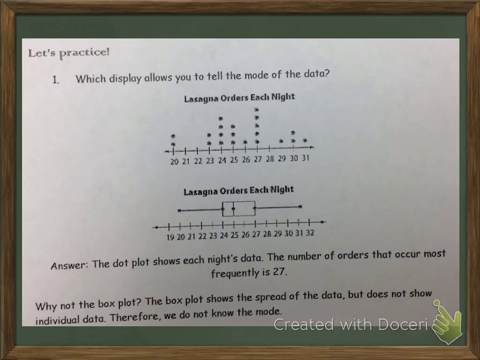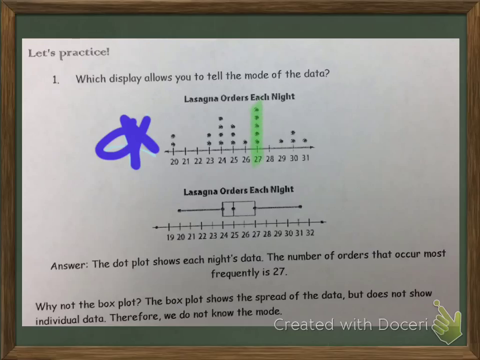So number 1 says, which display allows you to tell the mode of the data? So we have lasagna orders each night, and we have it in a dot plot and in a box plot. Which one would we immediately be able to tell the mode? And our answer is the dot plot, because the dot plot shows each night, and so the number of orders that occur most frequently is 27.